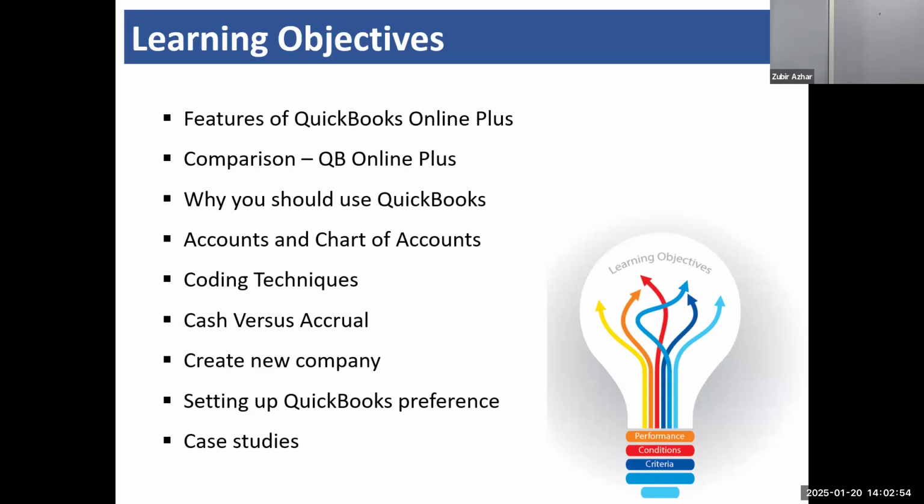The next one is that you need to create a new company. So when we have our QuickBooks operated, then everybody will have to open one account and create one new company. Okay, so I'll help you how to create a new account, new company. And then we will need to do the setting up of QuickBooks preferences.